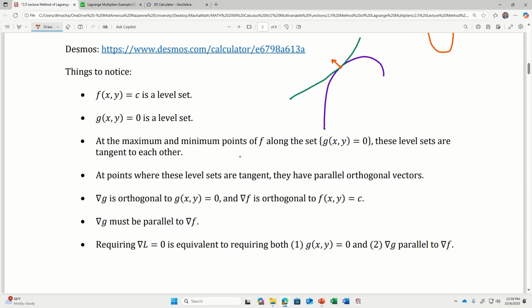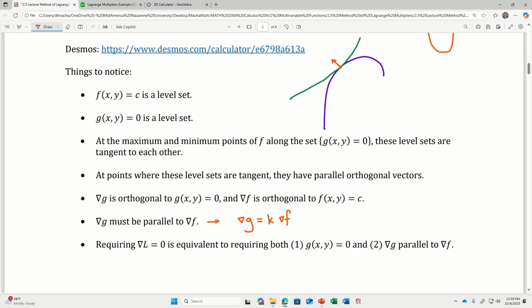That means the gradient of g must be parallel to the gradient of f. So those two gradient vectors are equal to each other up to a constant multiplier, a scalar multiplier. So k is a scalar. That's what it means to have parallel vectors.